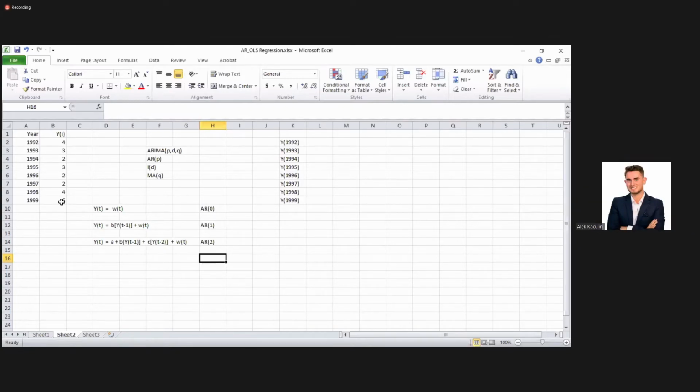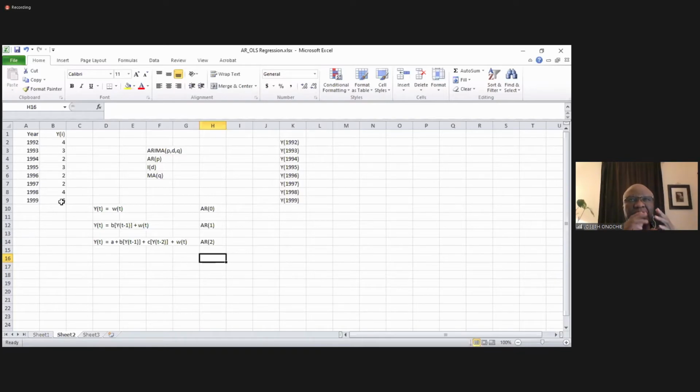Exactly. How many ARs? So if I say, is it an AR process? The next question will be, okay, if it is an AR process, then AR what? What is the P? Is it AR0? Is it AR1? Is it AR2? Is it AR3? Is it AR4? Is it AR5? And so on and so forth.